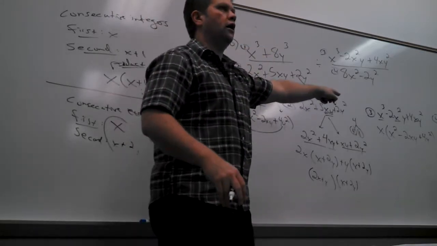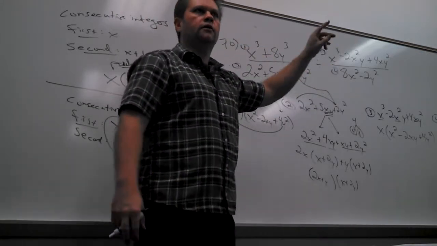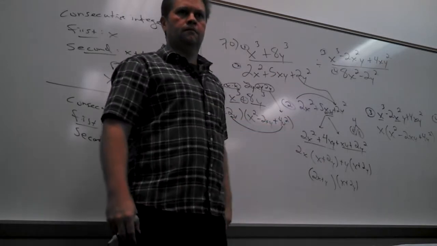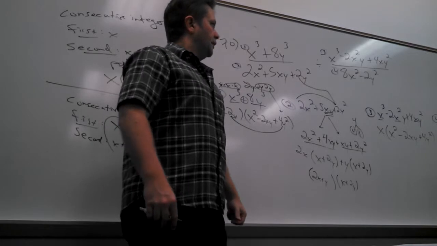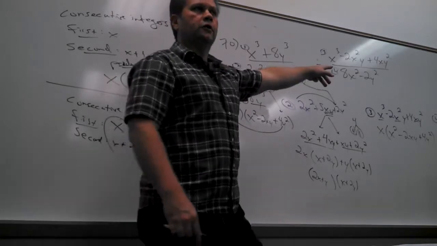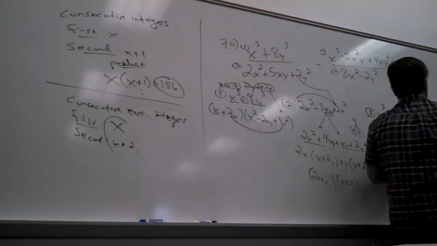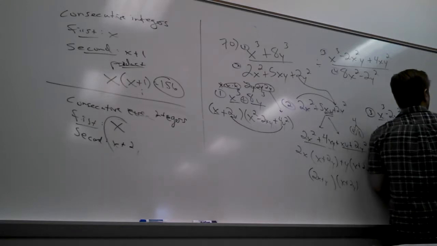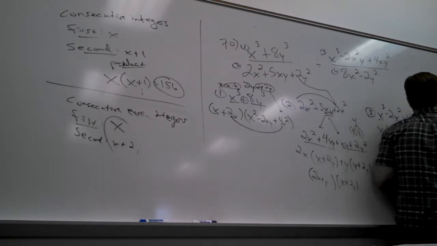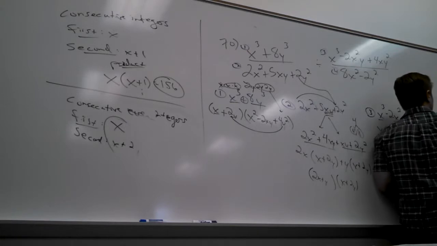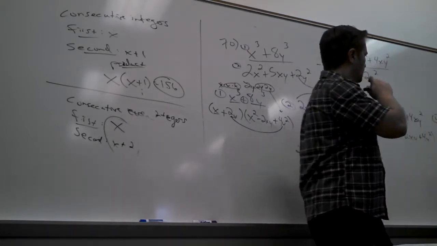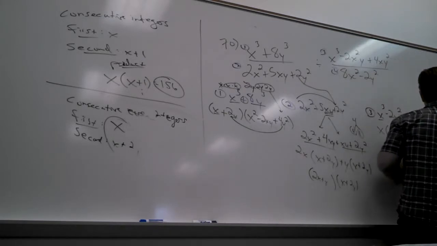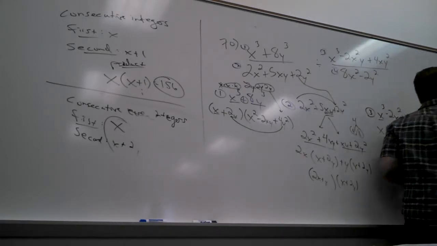Don't tear your hair out trying to go further because that will never work. It doesn't need to. It's going to cancel with this guy. What about the last piece, number 4? Take out a 2. 4x squared minus y squared. And now you can back them out. Good. 2x minus y, 2x plus y. Cool. I like it.